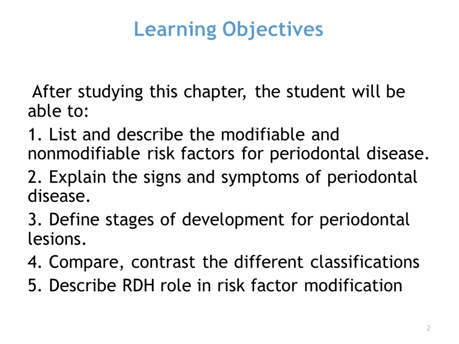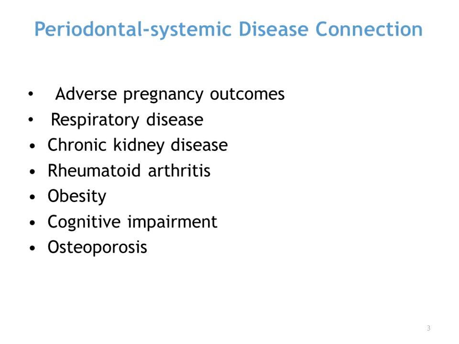There's a lot of talk about the immune host response and the oral systemic link. So there's been a lot of research in this area on the association between periodontal infections and a variety of systemic diseases and conditions.